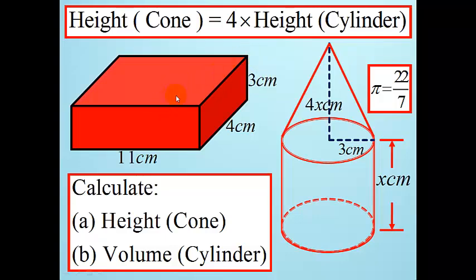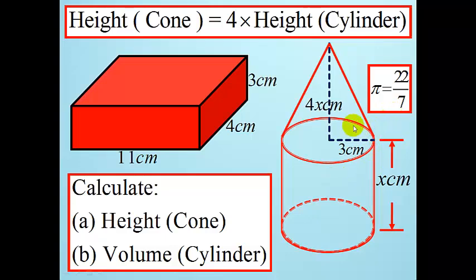Assuming that this is a metallic cuboid, it is to be melted to form the shape as shown. This is a cylindrical conical shape, a cone together with a cylinder. So assuming that this metallic cuboid is melted and the molten metal is molded to form this shape.